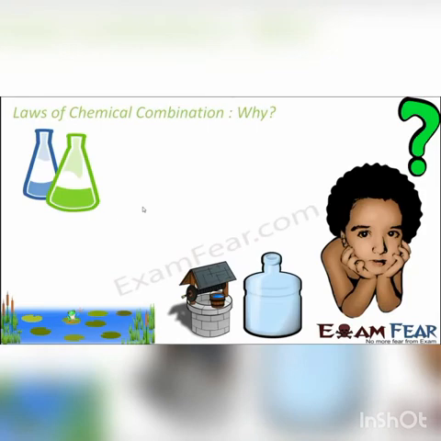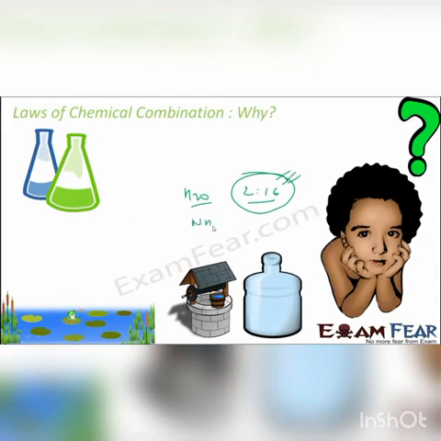Now, you must be thinking, why? Why do we have the laws of chemical combination? We have two different laws, and these are all experimental data. Till now, as I told you, water has 2 and 16. That is the ratio. But why is this specific number?